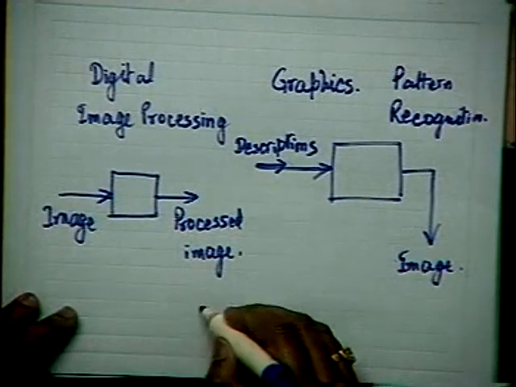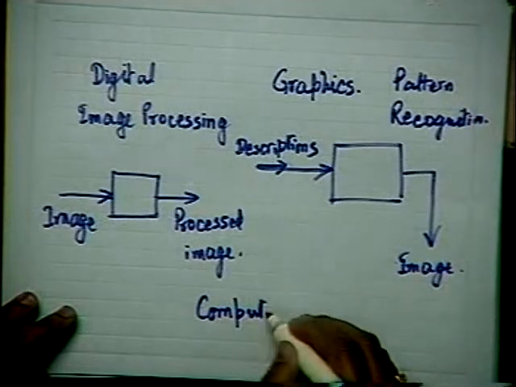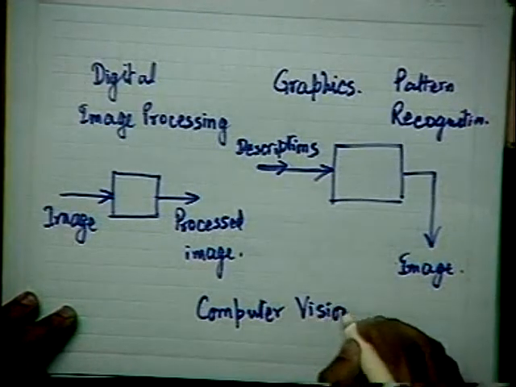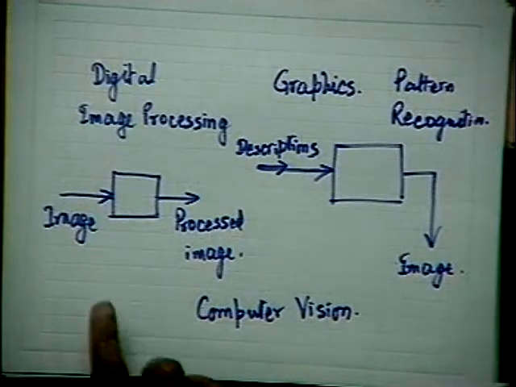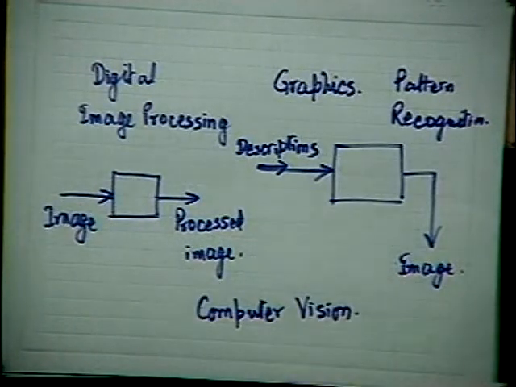We also hear about yet another term which is called computer vision. In computer vision, what we really have is that computer vision must be preceded by some digital image processing operation. Given a raw image, we will generate a processed image by applying a digital image processing technique, and we will try to understand that processed image, and by understanding we will generate a number of properties from that given image and have some meaningful information extracted.